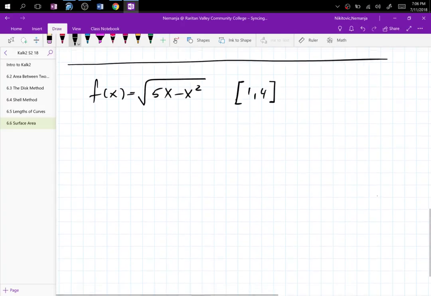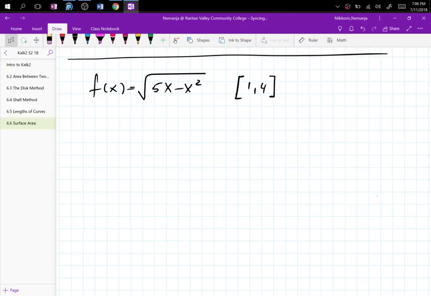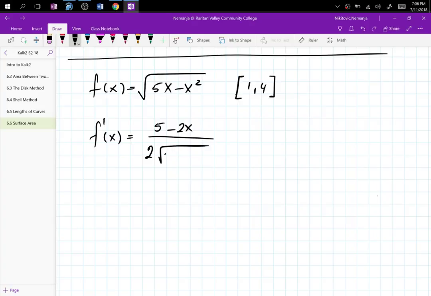If you have this, we first find the derivative. So f prime of x would be 5 minus 2x, divided by 2 times the square root of 5x minus x squared. So this is the chain rule. We had to use the chain rule in this case.